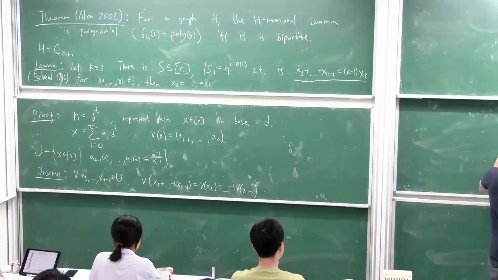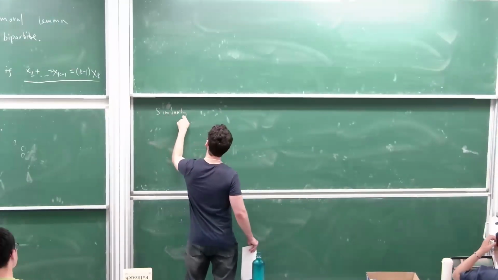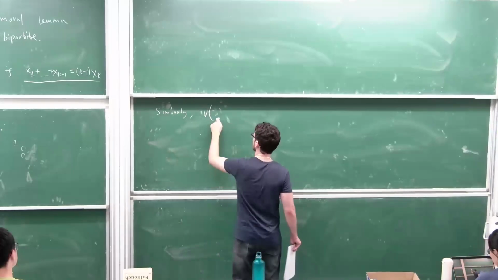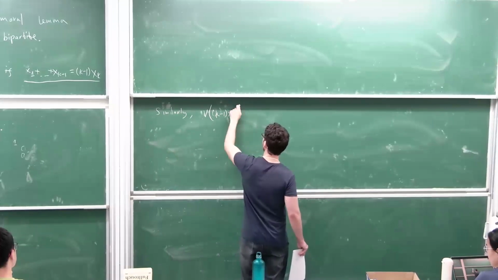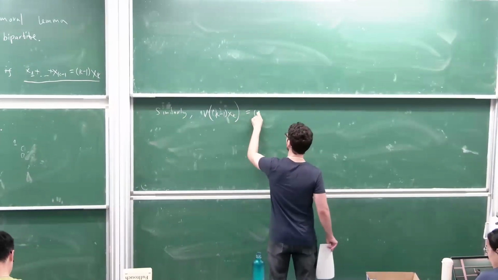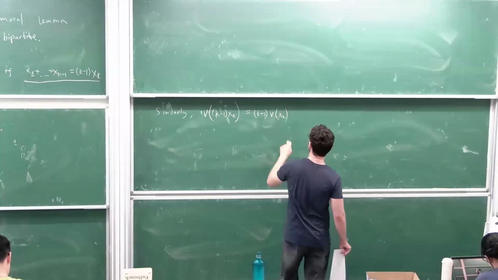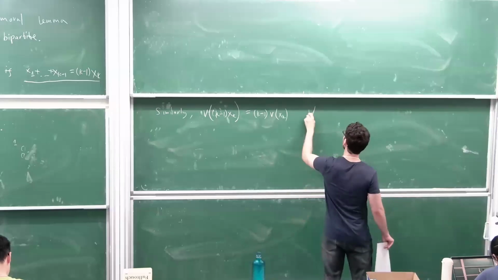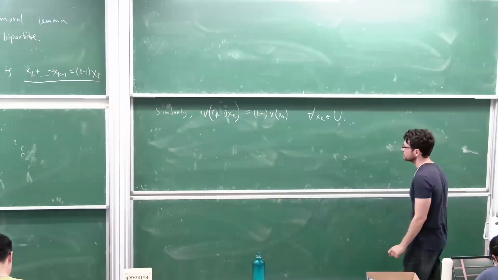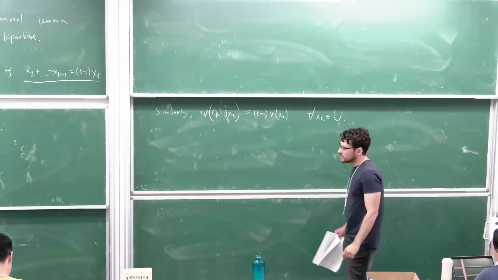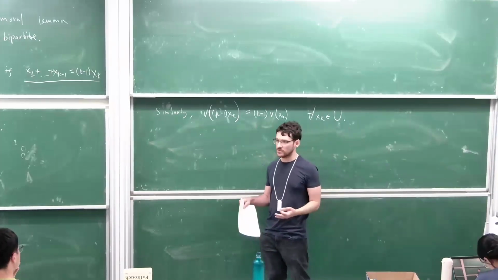Okay, and similarly, if I take the vector of (k-1) times xk, this is the same as taking the vector of xk and then multiplying it by k minus 1, for every xk in U. So what this allows us to do is, instead of thinking of the numbers in U, we can instead think of the vectors.